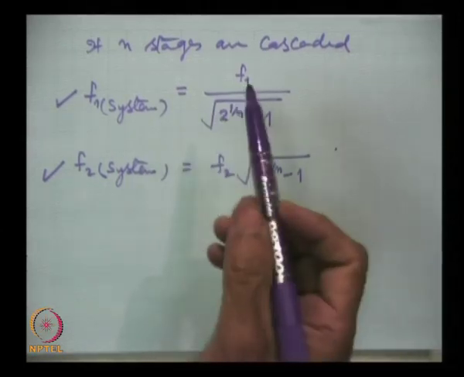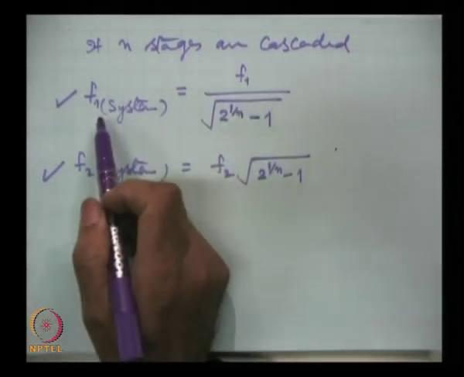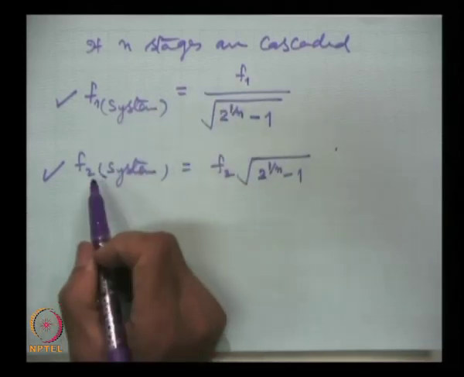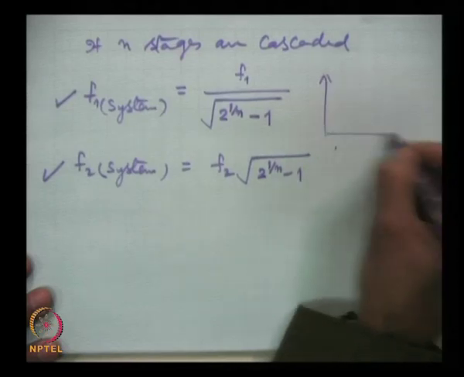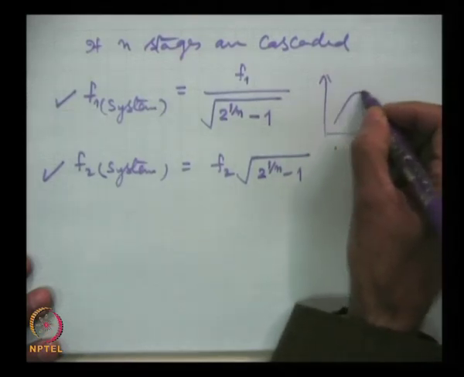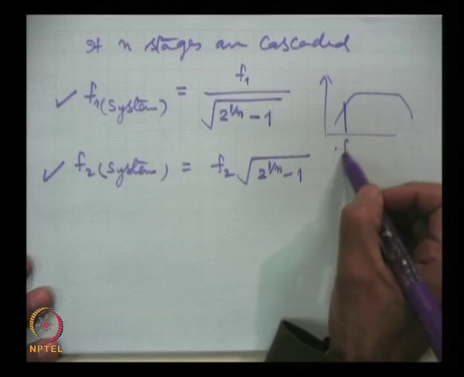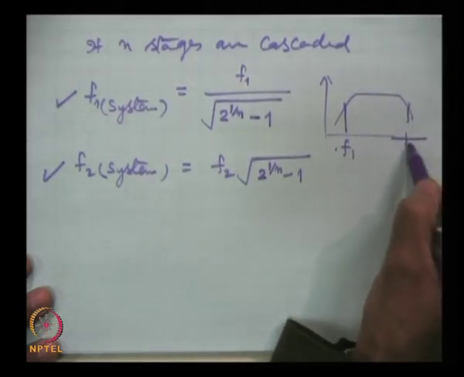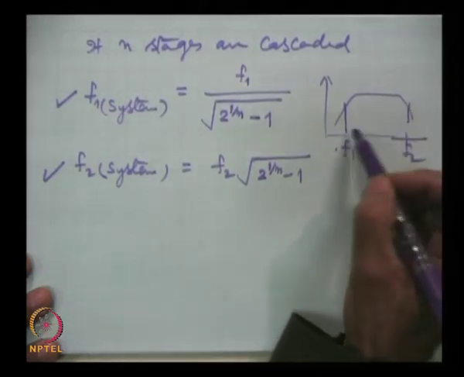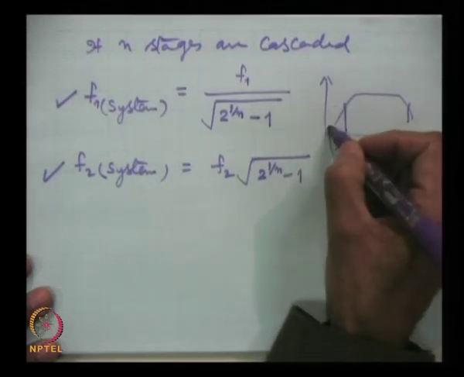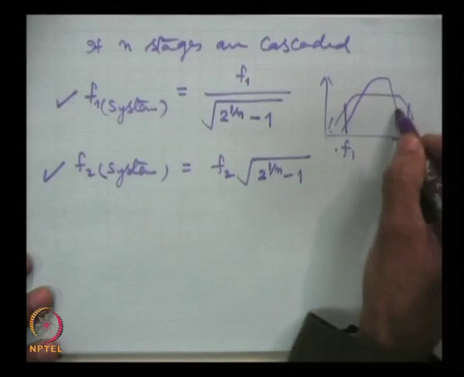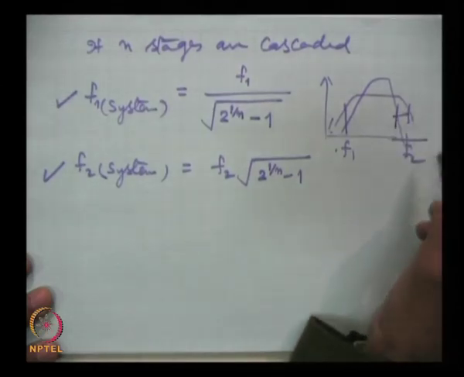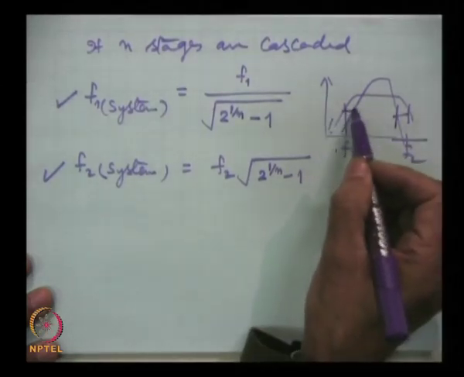We can see how the lower cutoff is increased and upper cutoff falls. Here the gain, if this is F1, this is F2, if this falls, then we are talking about something of this kind. It has fallen and this increases.